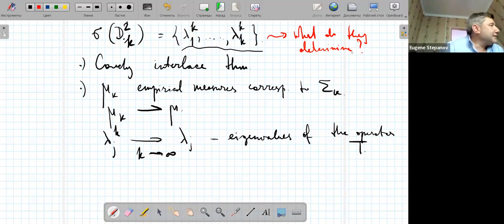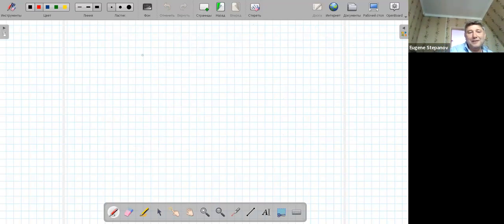By the way, it would be interesting to make examples. For instance, one can think about the signature of this d_k squared. The signature is the number of positive and the number of negative eigenvalues.